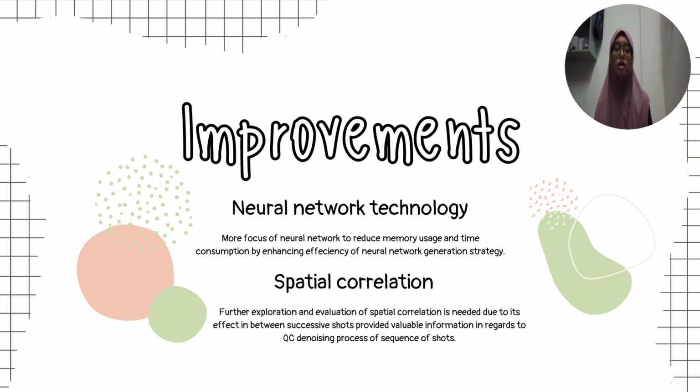If they do that, then maybe better algorithms can be selected while reducing the computer power. And then secondly is in relation to spatial correlation. The spatial correlation between successive shots has provided useful information related to QC denoising processes. So more exploration or evaluation can be done in regards to this.